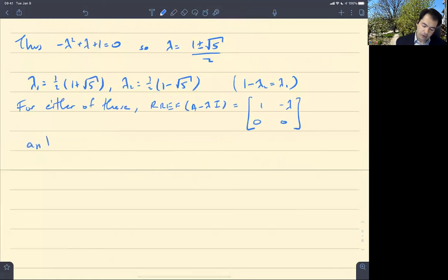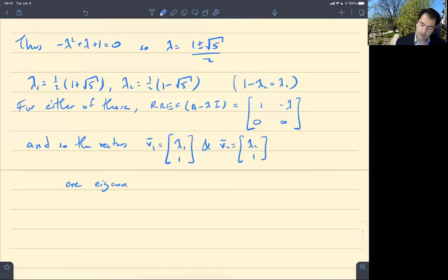And so the vectors V1 with entries lambda 1, 1, and V2 with entries lambda 2, 1 are eigenvectors corresponding to lambda 1, lambda 2 respectively.